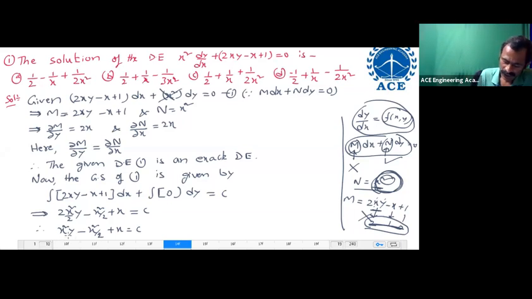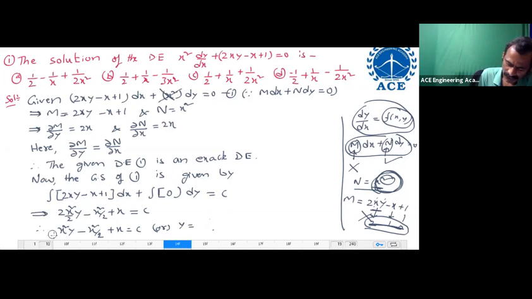So here, to write y in terms of x, shift all the terms to the other side and write y on the left hand side. Y equal to, keep the x square y on the left hand side and shift all other terms to the other side. So minus x square by 2 becomes plus x square by 2. And then divide with x square, so that we get y only.